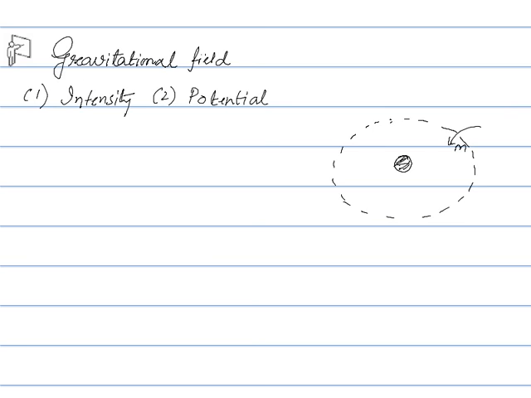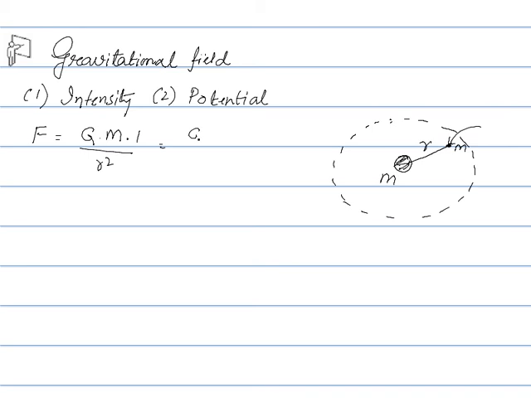So gravitational intensity is defined as the force experienced by a unit mass kept at that point. Suppose this is the mass m, and at a distance r we keep a unit mass. So what will be the force? Force equals G, this is the given mass, this is the unit mass, by the square of the distance.